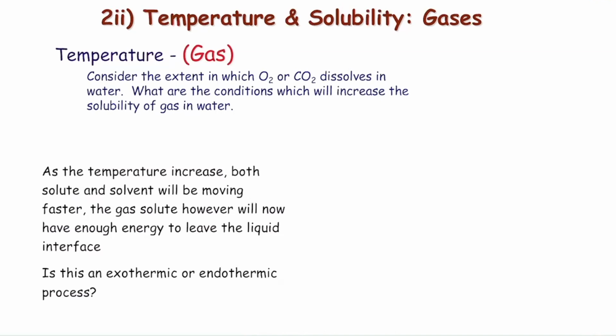So the reaction that you guys are going to see is a gas in equilibrium with the gas in the aqueous form. That might be carbon dioxide in the gas form in equilibrium with carbon dioxide in the aqueous. The aqueous is when it's in your soda, in your beer. The gas is when you start to see the fizzing and the bubbles.